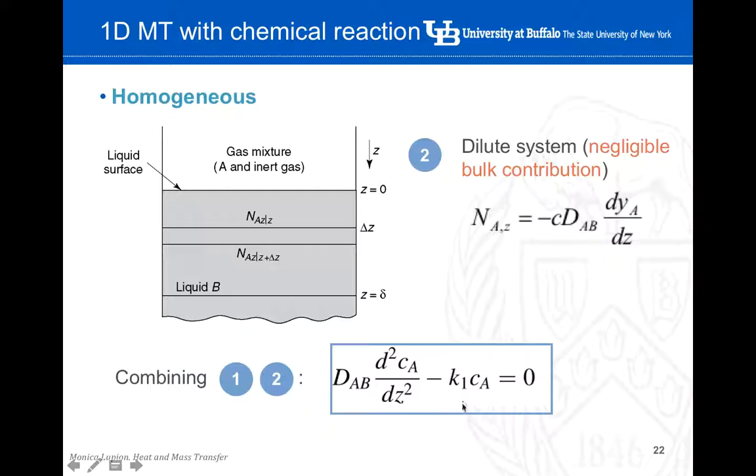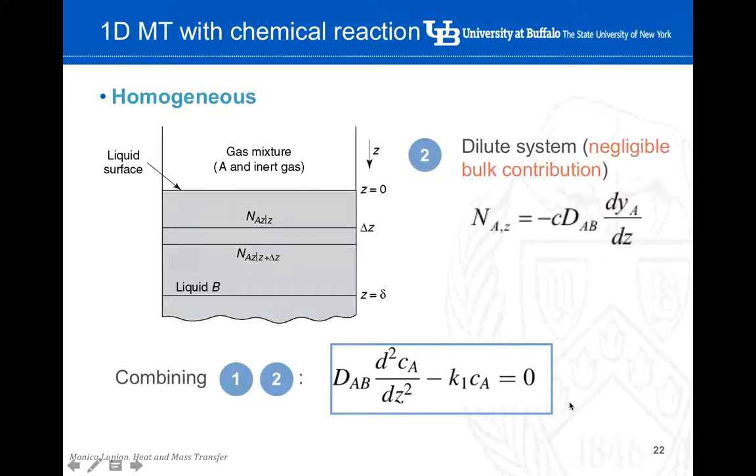In this particular example, we are considering that the chemical reaction is first order, and it's only influenced by the concentration of A. But again, depending on the kinetics of the chemical reaction, this term here will be different.